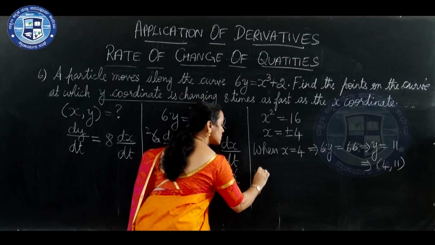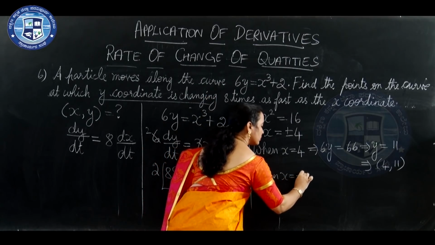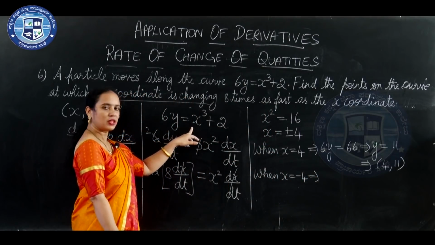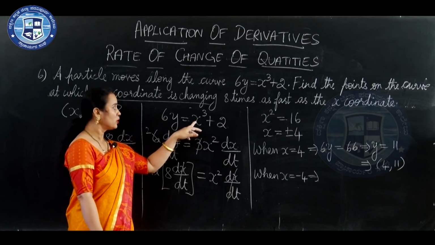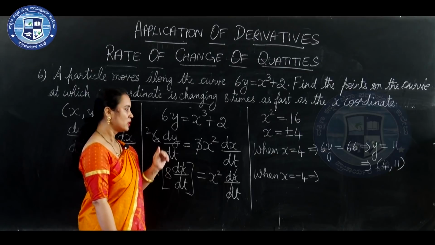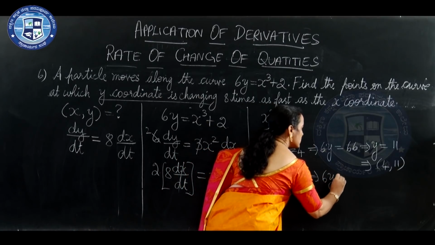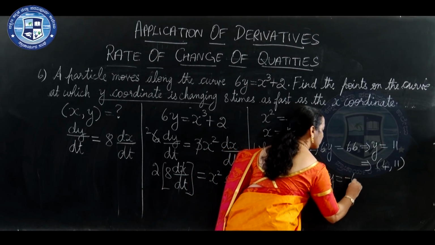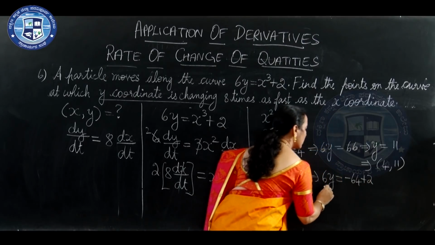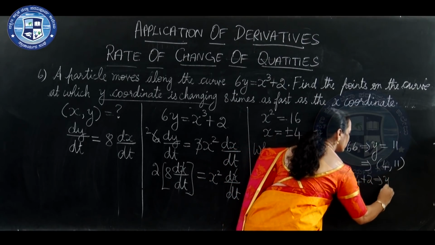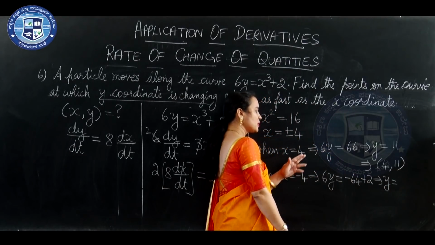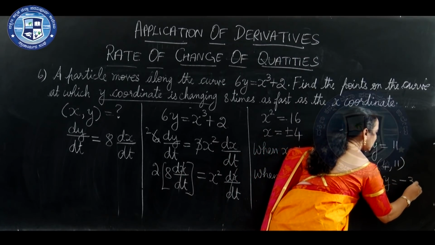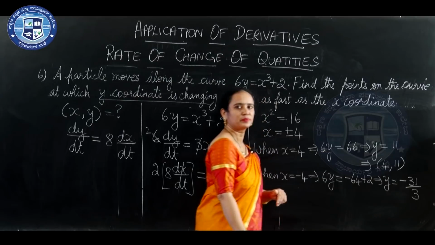Next, when x is minus 4, substitute x as minus 4 in the given equation. So, 6y is equal to minus 4 the whole cube. It will be 6y is equal to minus 64 plus 2. So, y will be equal to minus 64 plus 2 is minus 62 by 6, which will be minus 31 by 3.